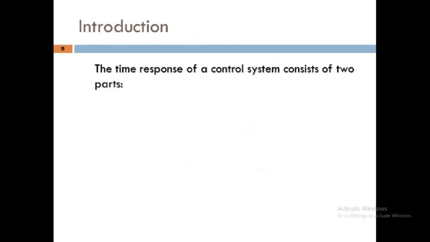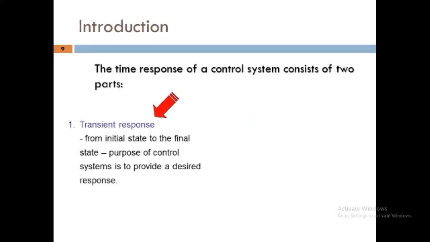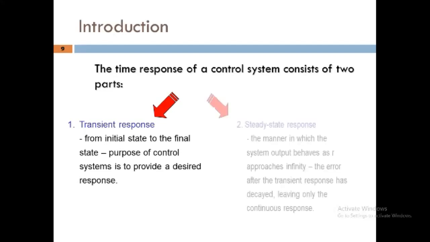See the introduction. The time response of the control system basically consists of two parts. One is the transient response, from initial state to final state; the purpose of the control system is to provide a desired response.